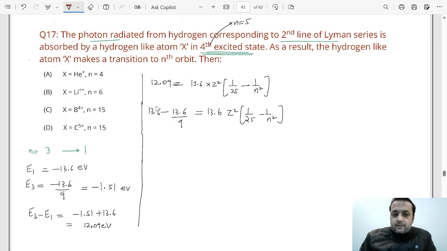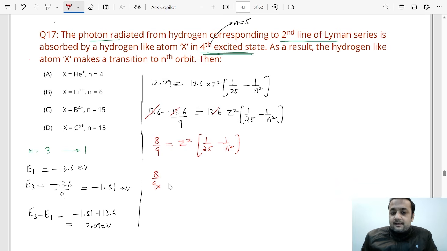Now we can cancel 13.6. So this becomes 1 minus 1 by 9, which is 8 by 9, equals Z square into (1 by 25 minus 1 by n square). Now if I assume that the atom is helium, then Z will be 2. If I put 2 here, this becomes 4.